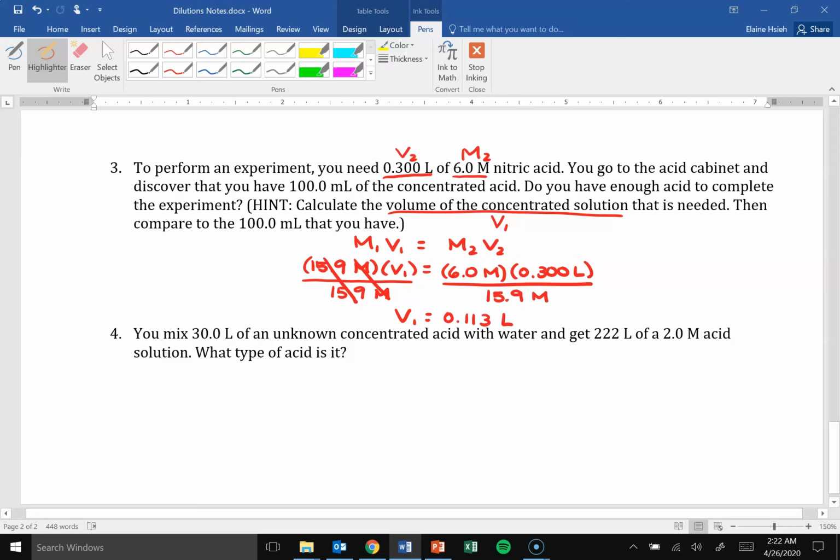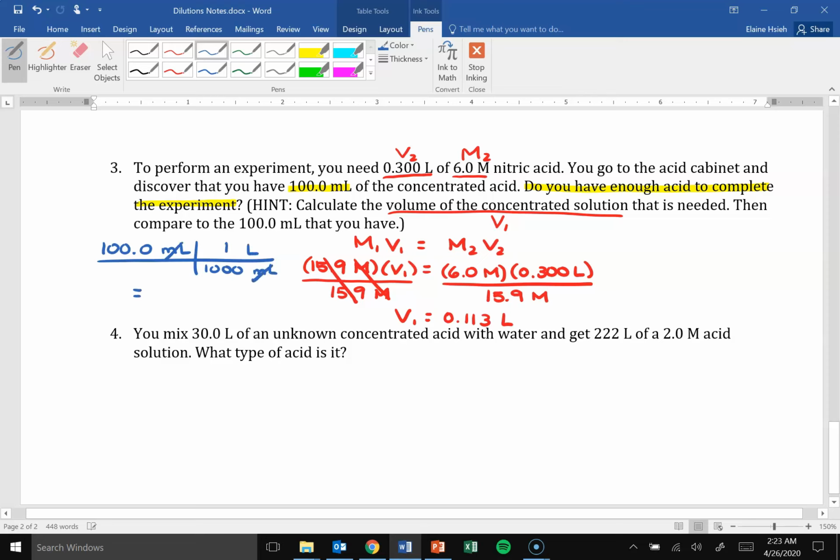Now this is not the actual final answer that we want, because the question they were asking us about was, do you have enough acid to complete the experiment? Well, how much acid was in the cabinet? We had 100 milliliters of the acid. To convert that into liters so that we can have a fair comparison, we just need to divide by 1,000.